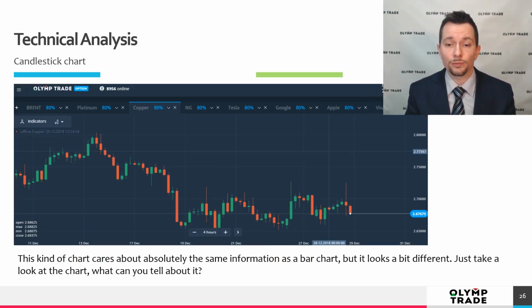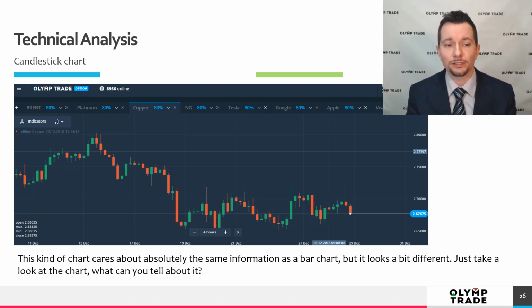Now, this is the most popular form of charts because it has the most amount of information, basically the same as a bar chart, but it's just a little bit easier to comprehend because the space between the opening and closing of the candlestick is filled in.